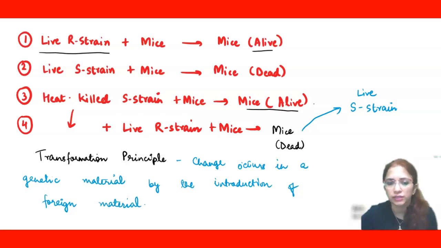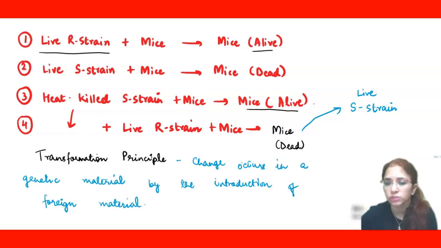So he stated that the R strain was totally non-poisonous. Might be some virulent genes were still there in the S strain, and these genes went inside the genetic material of the R strain and replicated along with the DNA of the R strain, because of which non-virulent genes were transformed into virulent genes, and that is why the R strain got changed into the S strain.